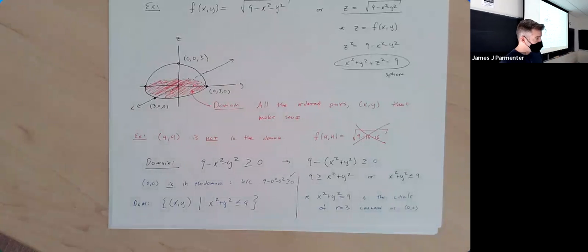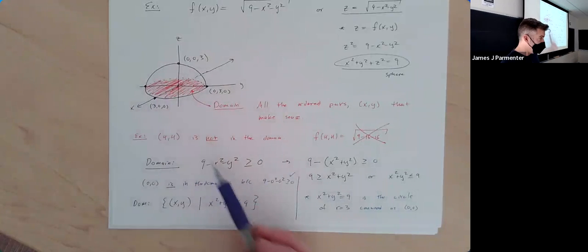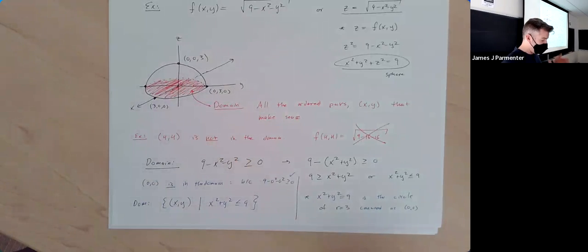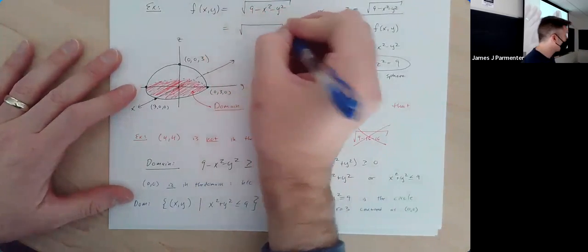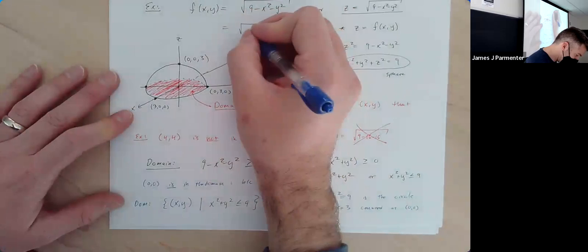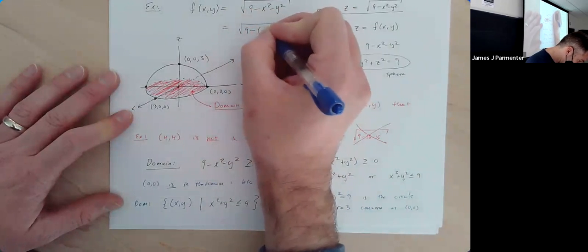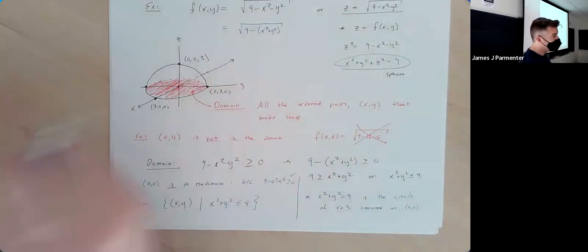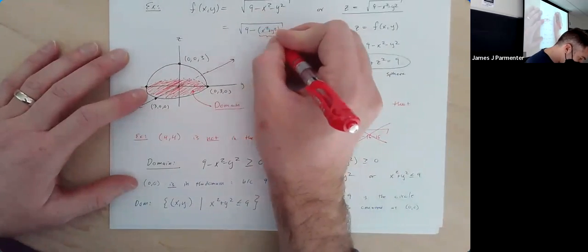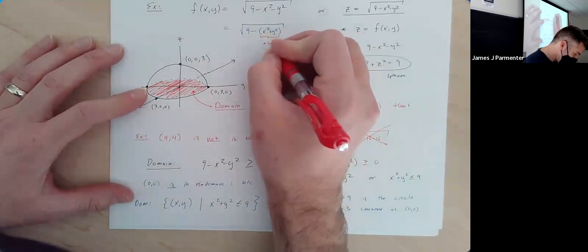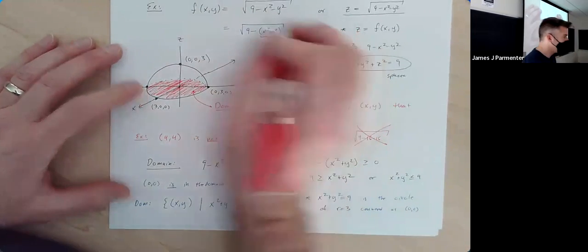We could also talk about range here. The range here is pretty easy to see graphically because we graphed it. What's the lowest z value we get? What's the highest z value we get? The way I think about that a lot of the time, especially if you see an x squared plus y squared, as in this case, is by writing this function as the square root of 9 minus the quantity x squared plus y squared. The reason we do that is because we know that x squared plus y squared is always greater than or equal to 0.